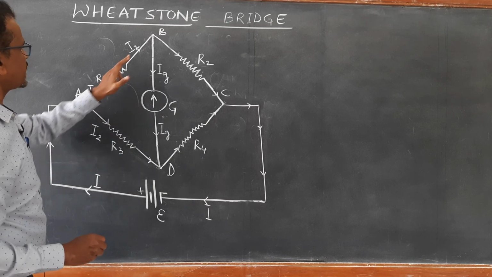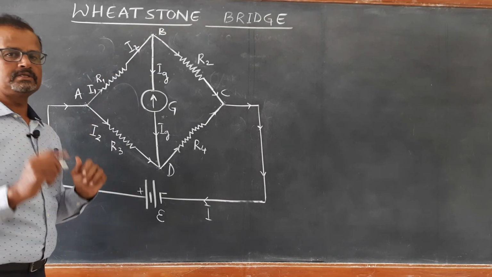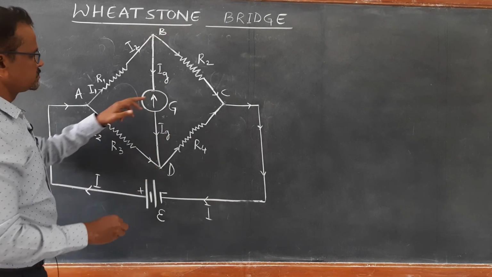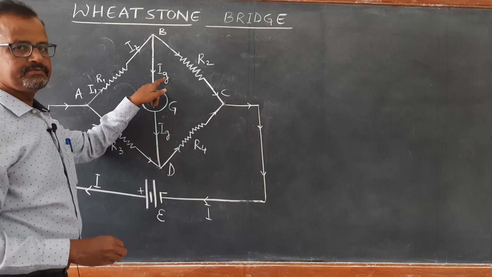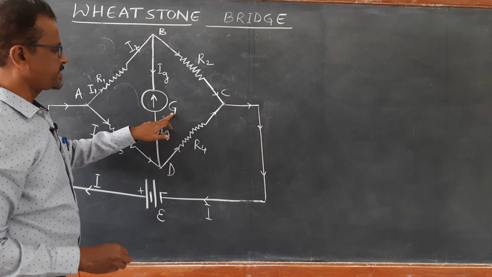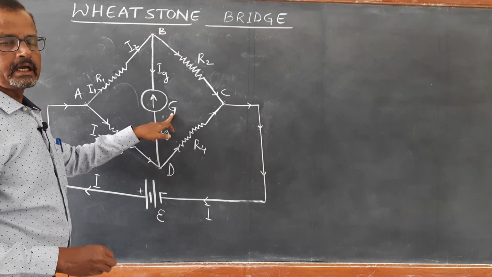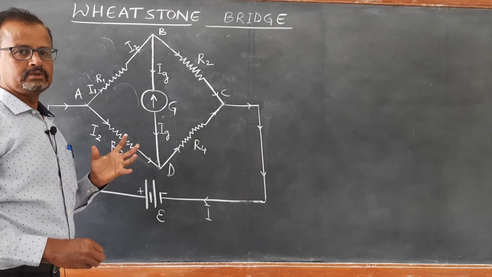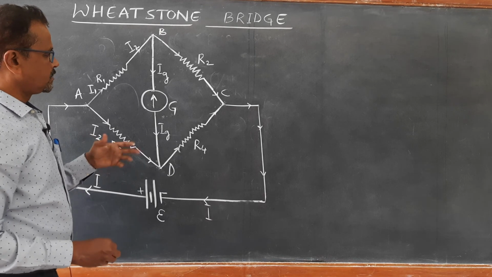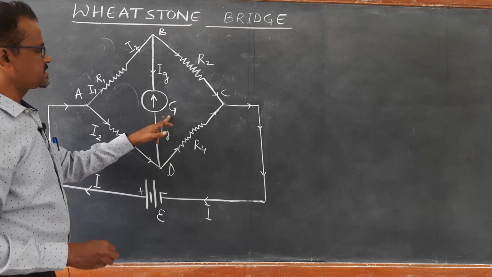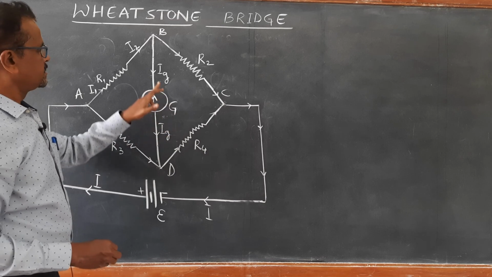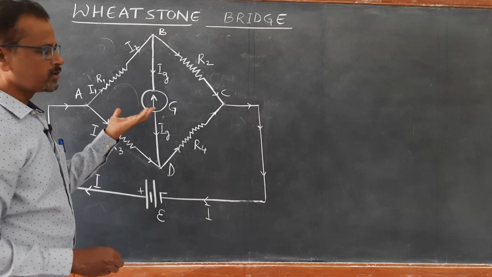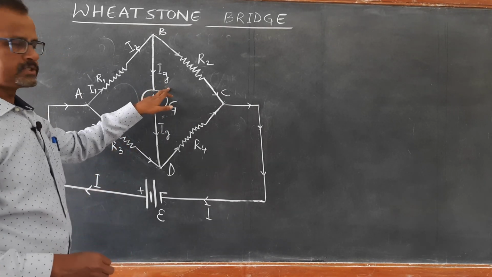This current I1, after reaching B, again finds 2 paths. Let IG be the current flowing through the galvanometer, G for galvanometer, and let capital G be the galvanometer resistance. Every galvanometer has its own resistance due to its coil. The galvanometer shows deflection according to the strength of current.